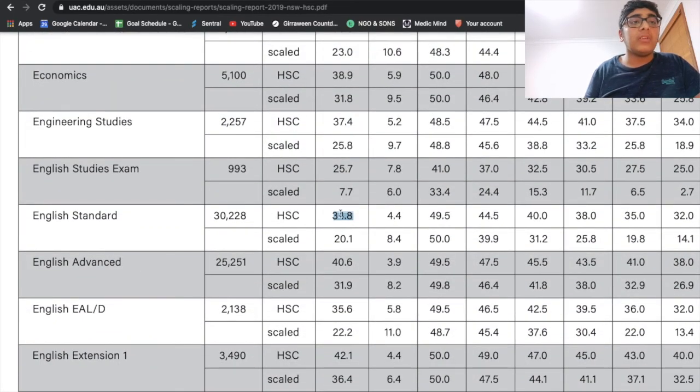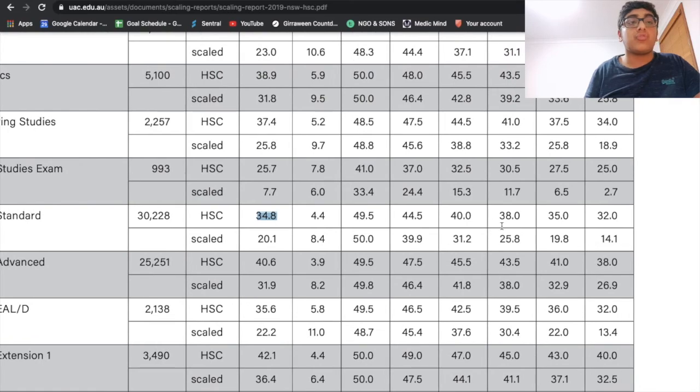If you fall below that mark, you get dropped down heavily. The amount that you go down from your HSC mark to your scaled mark is drastic. Just make sure that you fall above the mean. If you fall above the mean mark in the HSC subject that you're doing, that means you're okay for scaling. Don't worry about scaling. It's a system that is fair.